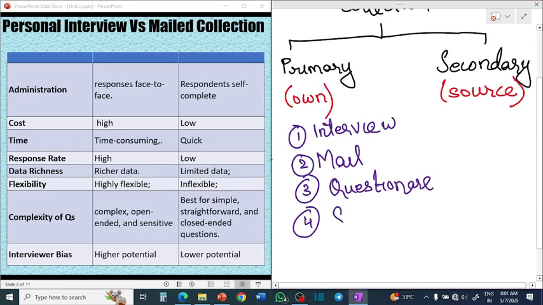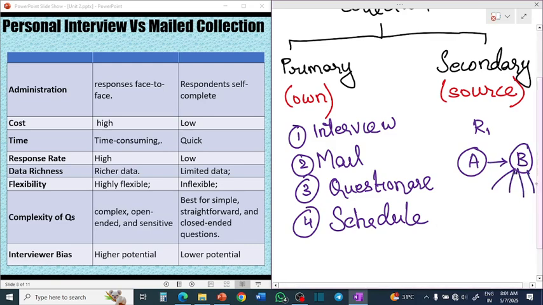And the fourth one is schedule. The main difference with schedule is that we hire some other person to collect our data for us. Suppose you are doing a research and you are person A. You are telling person B to collect information from different sources, and then person B will give the results back to you, and you will do the particular research.